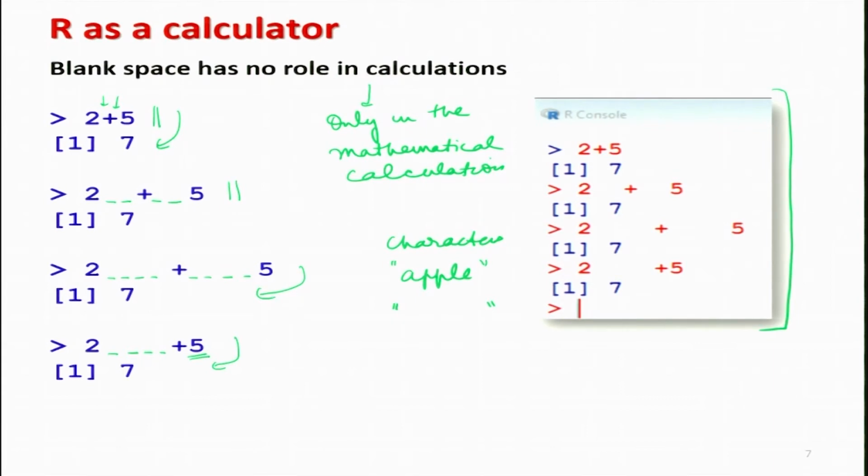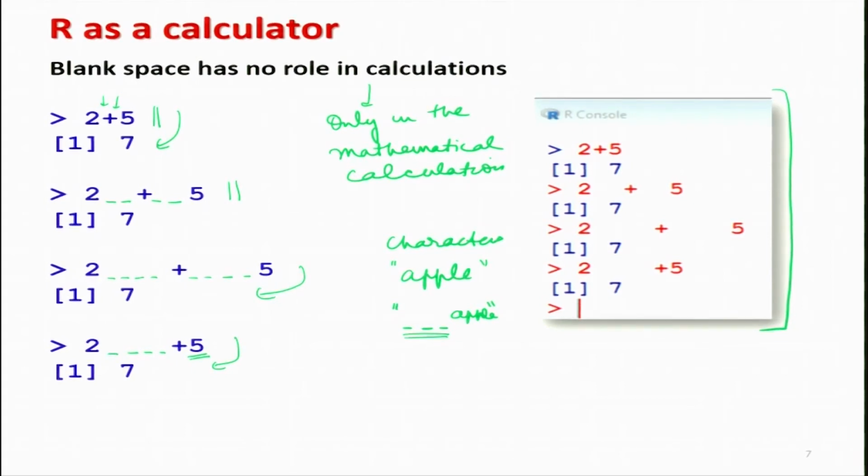It will be treated as such. For example, if you write apple, leave some space and then write apple, these two will be shown on the screen, and R will also consider these 3 additional blank spaces in the operations. What type of operation this will involve, we will see in the forthcoming lectures when we print the mathematical calculations and print the characters. At that time you will see.